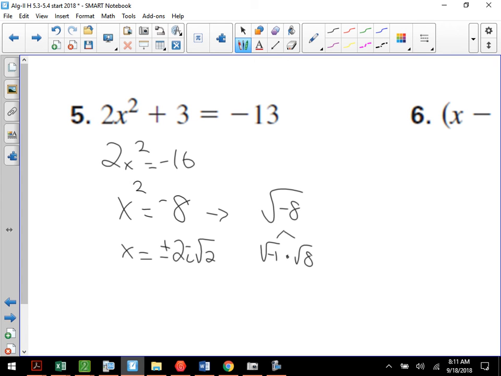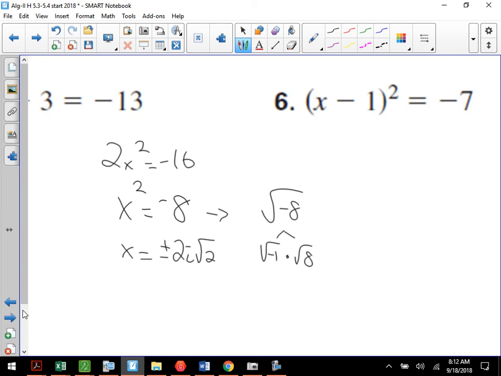You still have a plus minus thrown in there. And you still set it up the same as you work backwards. Yes, ma'am. That is quite literally all you have to do. Same deal.